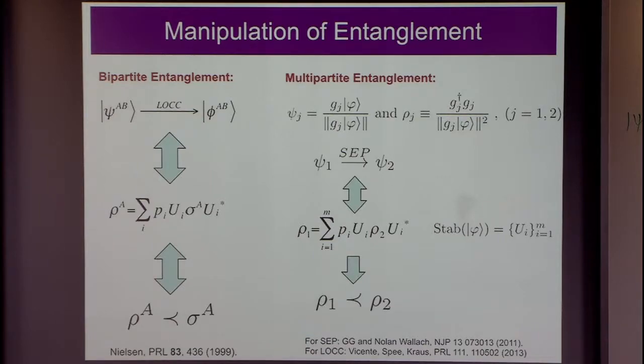So there is some analogy that implies majorization, but not backwards. You cannot go backwards. So it's a more restrictive condition. But that's about it. Yeah, I can talk about it in more detail.